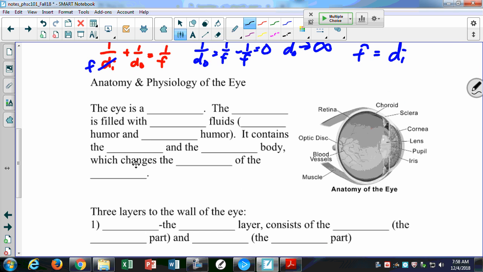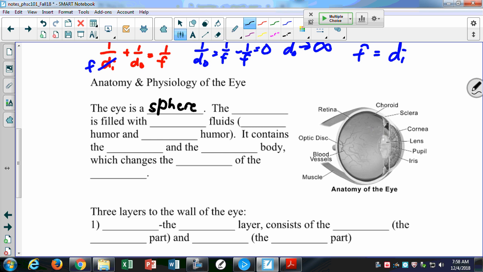All right, so we'll talk more about that in the lens, and we're sort of mixing things up right now, but we'll talk more about glasses and how they affect the eye. The eye is pretty much a sphere. Ideally, it's a sphere. We'll see that some people have longer eyeballs and some people have shorter eyeballs, and that's why they're either nearsighted or farsighted.